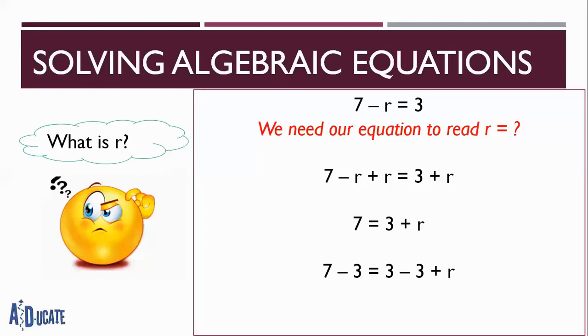If we minus 3 on the right side, we have to minus 3 on the left side. A plus 3 and a minus 3 cancel each other out. That becomes nothing. So 7 minus 3 is equal to r. When you have 7 and you take away 3, you're left with 4. So 4 is equal to r. If we flip that, it says r is equal to 4.